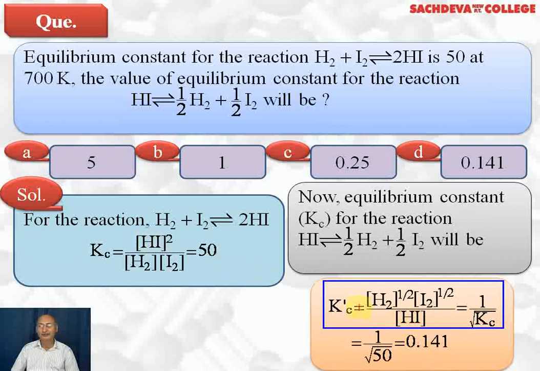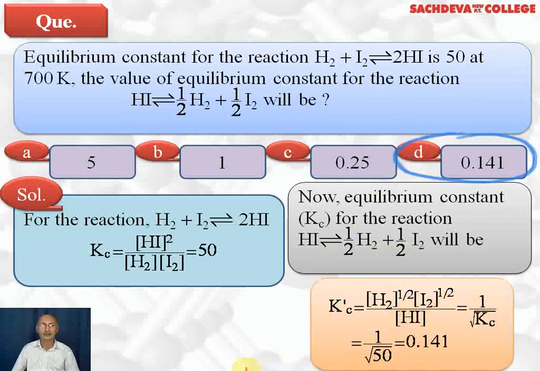Now if you observe these two expressions carefully, taking the square root and reciprocal will give us Kc dash. So we have 1 over square root of Kc, that is 1 over square root of 50. On calculation it will come out to be 0.141, so the correct answer is D.